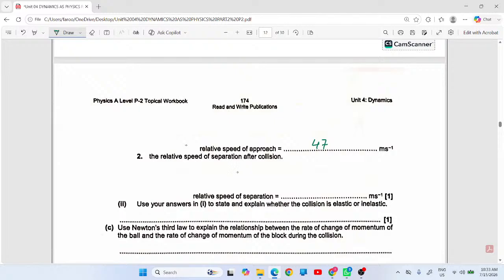Next is the relative speed of separation after the collision. The relative speed of separation equals v2 minus v1, and the answer will be 0, because both have the same velocity; they didn't separate after the collision, they stick together.